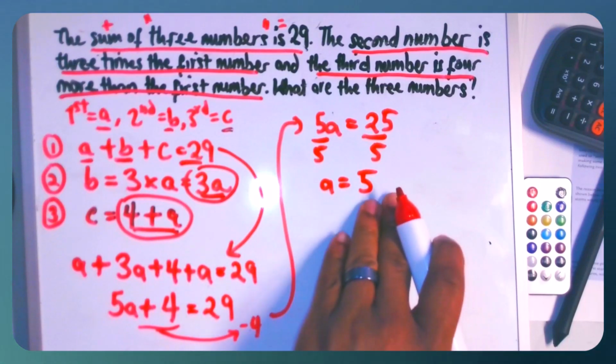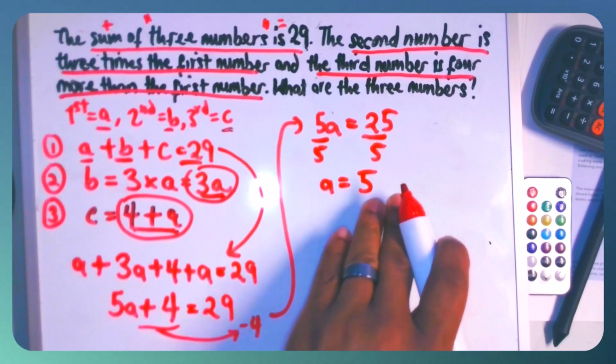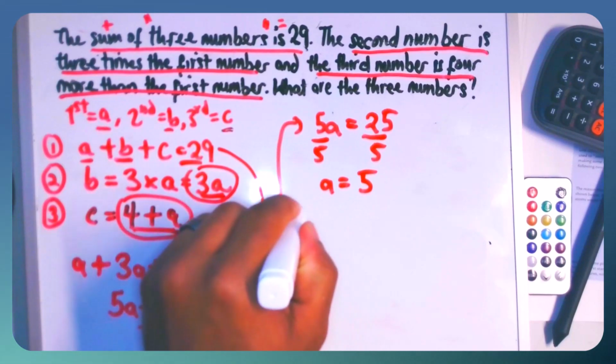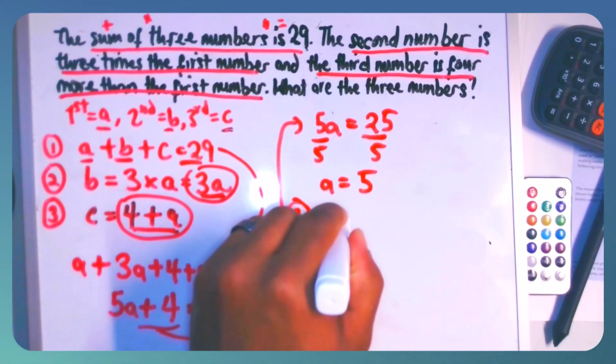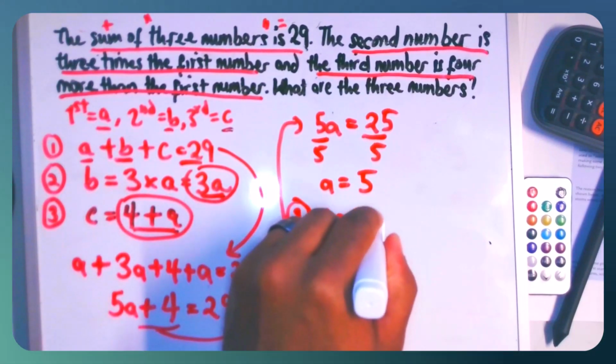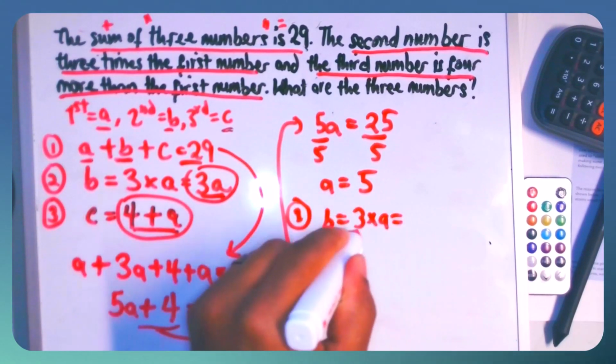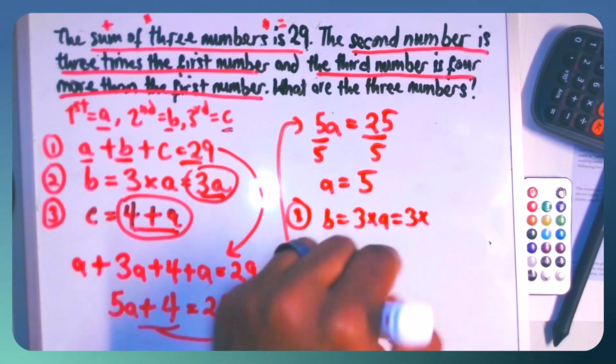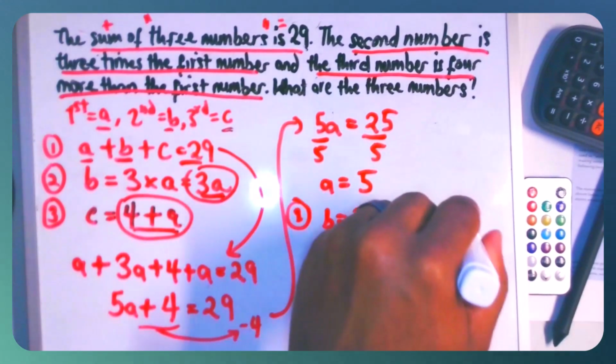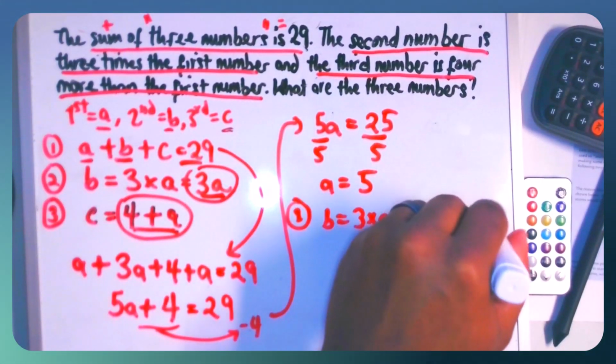We can now put our A value, which is 5, into equation 2 to determine what the B value is, where we know that 3 times A is the same thing as 3 times 5, instead of A, and this is equal to 15.